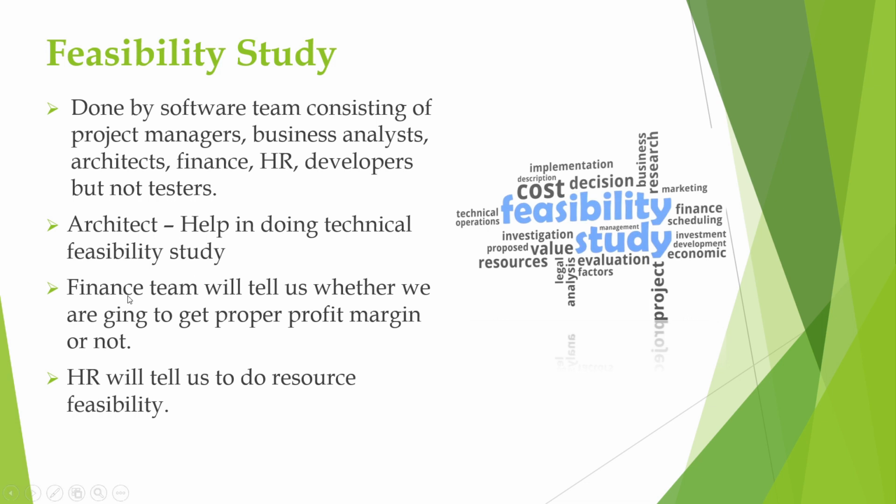Next is finance team. They will help us in doing the financial feasibility review, which means whether it will be profitable if we take up the project, whether we are going to get the profit margin as expected or not.